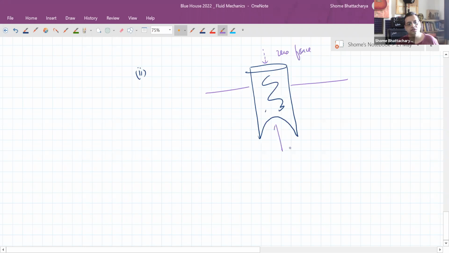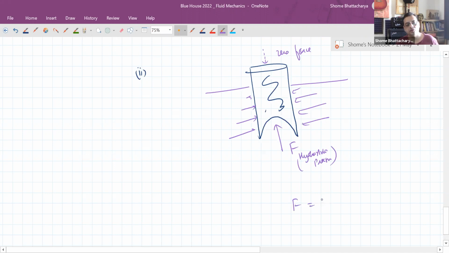Whatever force there is due to hydrostatic pressure is only the buoyant force, because the side walls are also straight like this.